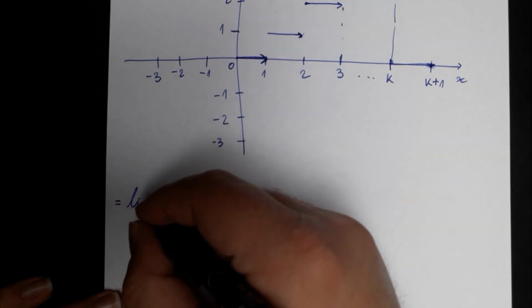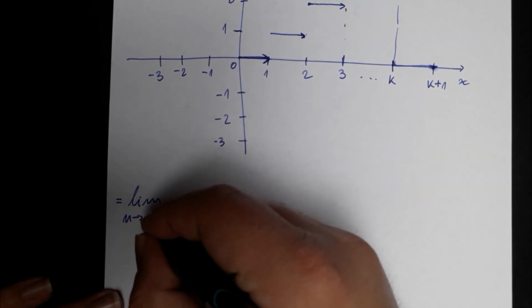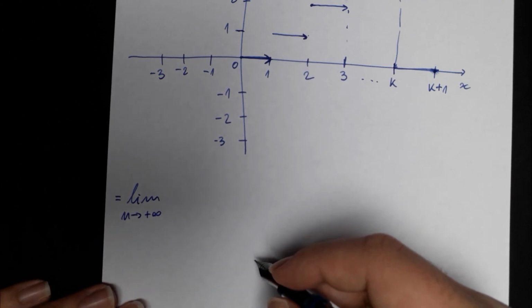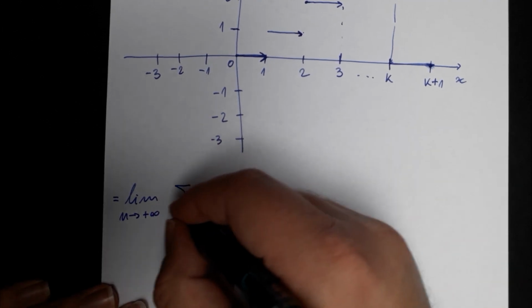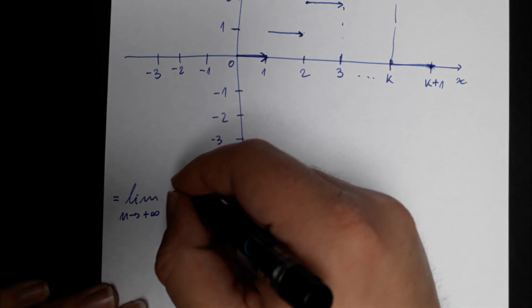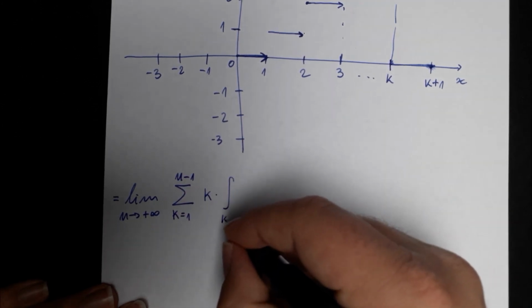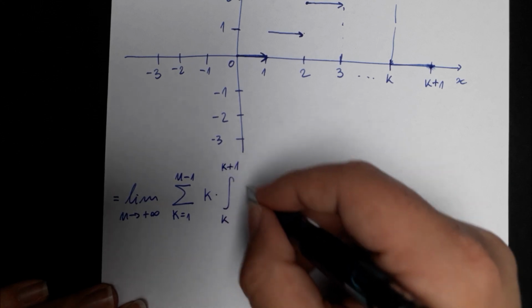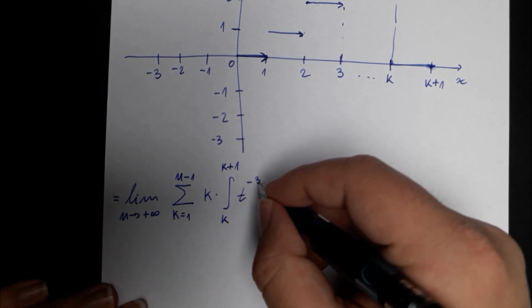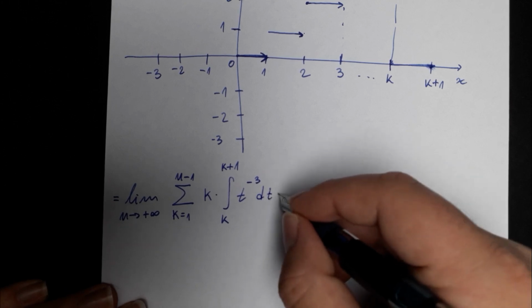This is then equal to a limit when m approaches infinity from the side of positive numbers, sum where k goes from 1 to m minus 1, k times an integral from k to k plus 1, t to the power -3 differential of t.